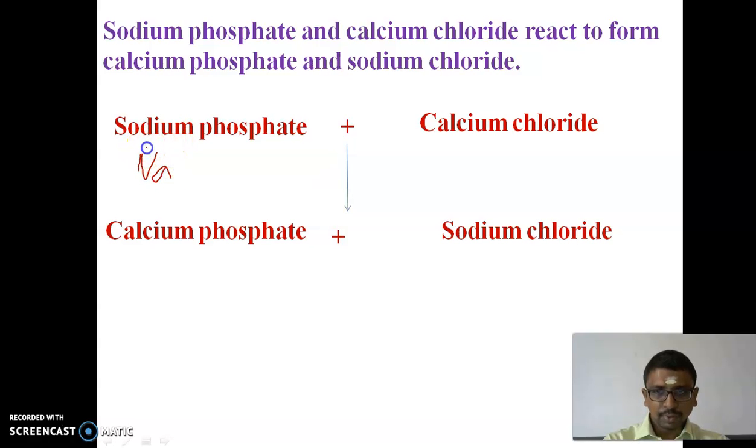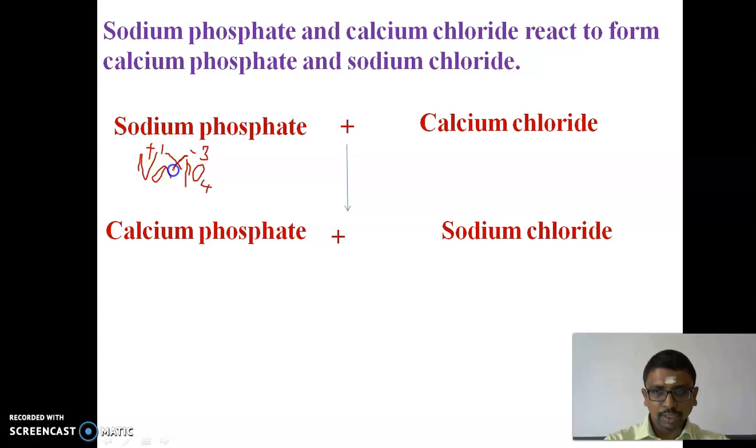The valency for sodium will be how much? Plus 1. What is the formula for phosphate, children? PO4. The valency for phosphate will be -3. So what is the formula?